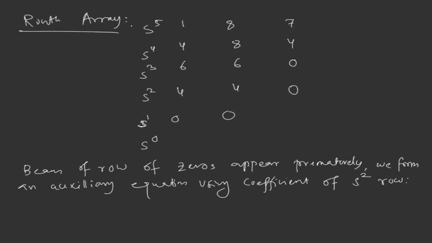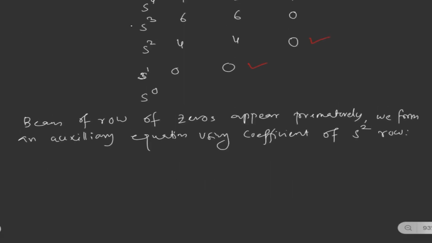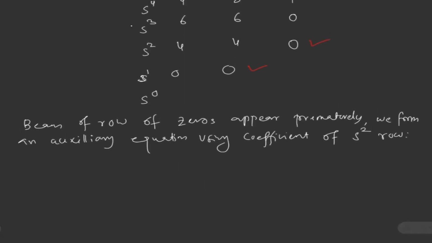So here in this row, we are having 0. So we'll choose the row above as the auxiliary equation. So the auxiliary equation is 4s squared plus 4, which is basically an even equation, equal to 0.